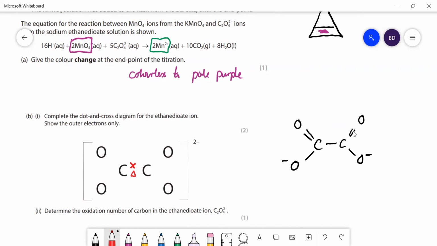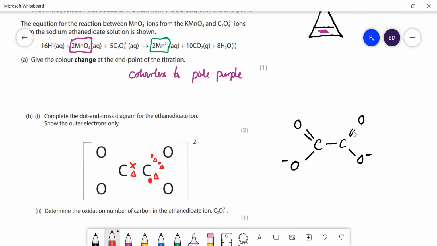There's a single bond between the 2 carbons. Now we've got a double bond here, so the triangles are coming from the carbon on the right, the dots from the oxygen. And this one is only a single bond, so we have a dot from the oxygen and a triangle from the carbon.